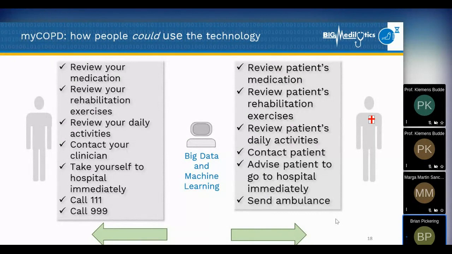But nevertheless, it's possible to provide an automatic alert which says, you're not doing the right thing at the moment. Have you thought about doing this? Have you thought about doing that? Maybe it's time to contact your specialist nurse or other clinician. And even, and these are the more tricky and sensitive ones, tell somebody to get themselves to hospital immediately.